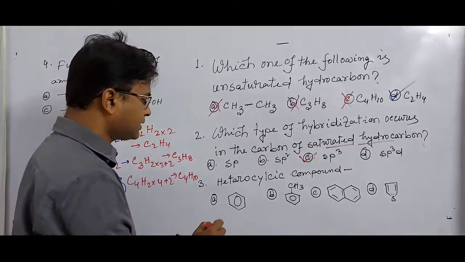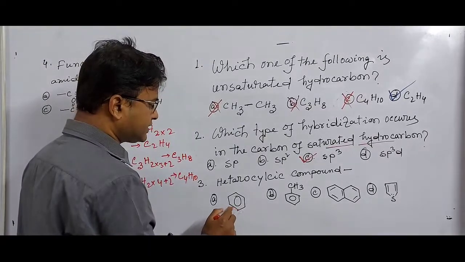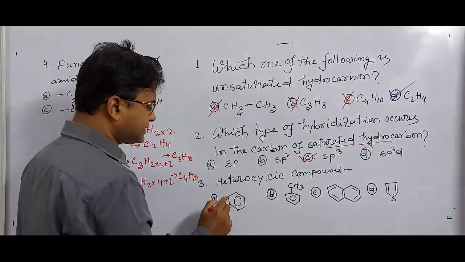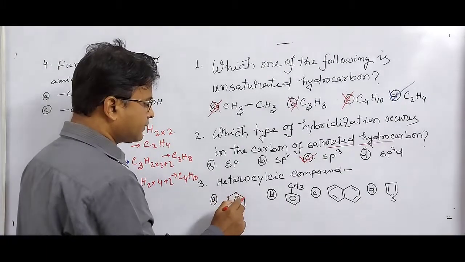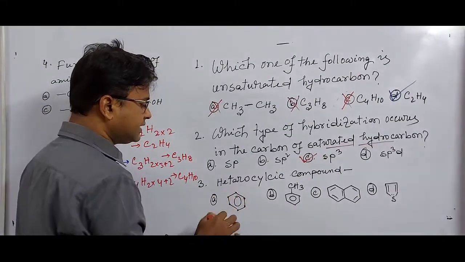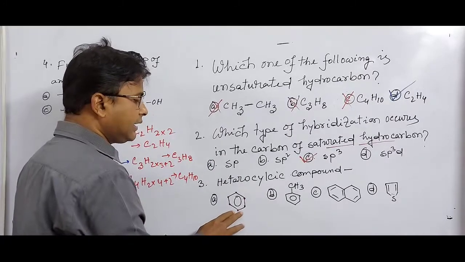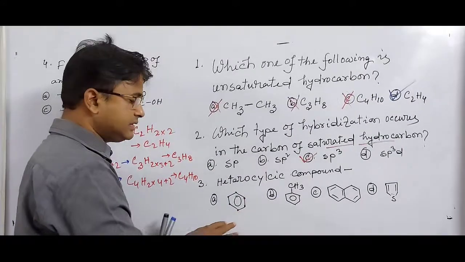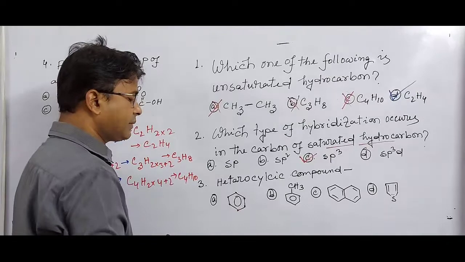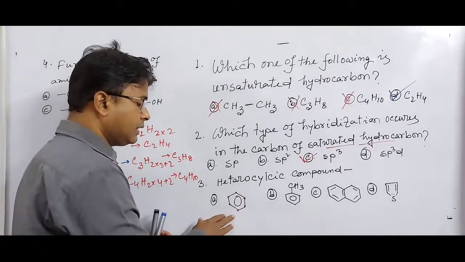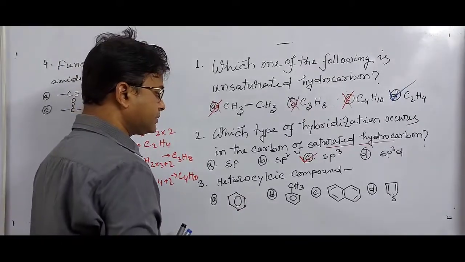Each corner of the hexagonal shape contains a carbon atom. That is why this is a carbocyclic aromatic compound.